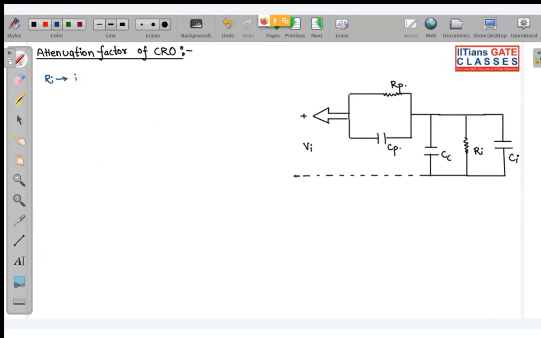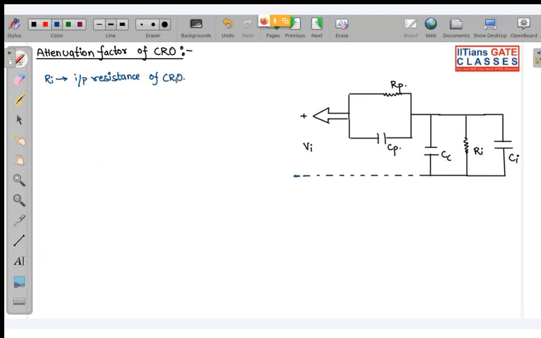Ri is the input resistance of CRO. Should the input resistance of CRO be high or low? It should be high. Yes, very good.